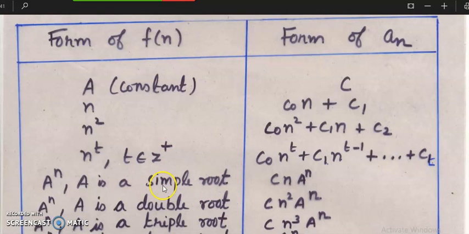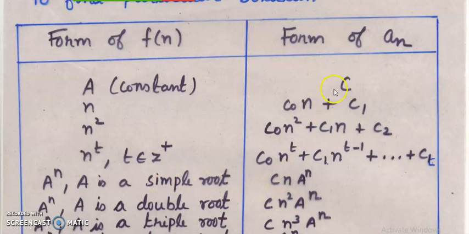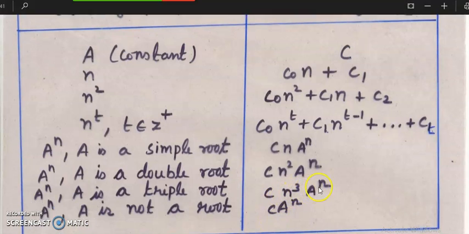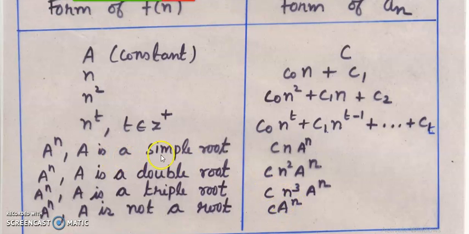So 4 occurs only one time. What is the form of a_n we have to take? It is c n a raised to n. If it is a double root, c n square a power n; triple, c n cube a power n; not a root means c a power n. Here it is a simple root, so c n a power n.